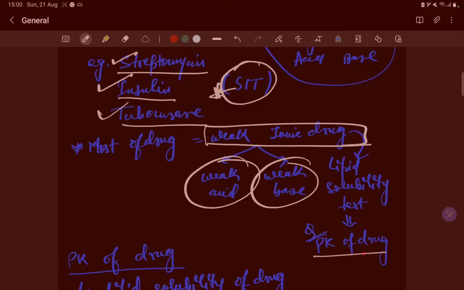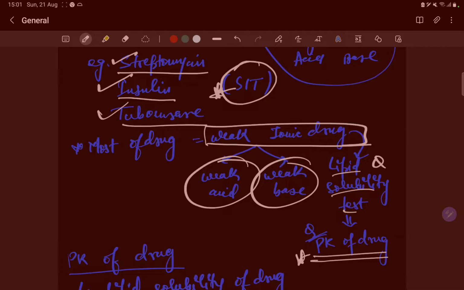It is important that the pK of the drug is a very important thing to note, because it shows how soluble the drug is in water and how well it is absorbed. Lipid solubility tests are done while making a drug.